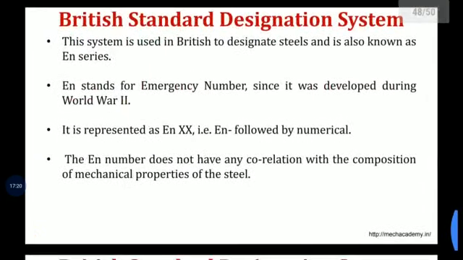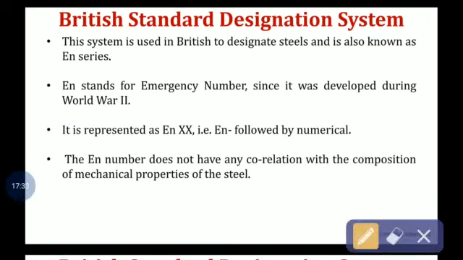Now the third method is the British Standard Designation System. This system was used to designate steels in the British era and is also known as the EN series. It is denoted by EN. EN stands for emergency number, since it was developed during World War 2. So it is represented as EN followed by a numeral.